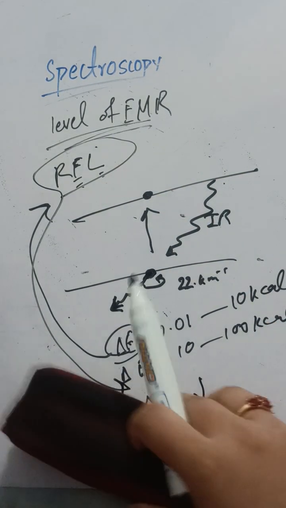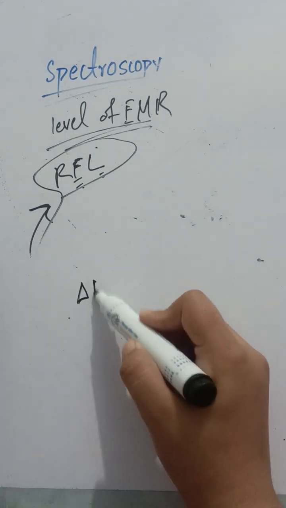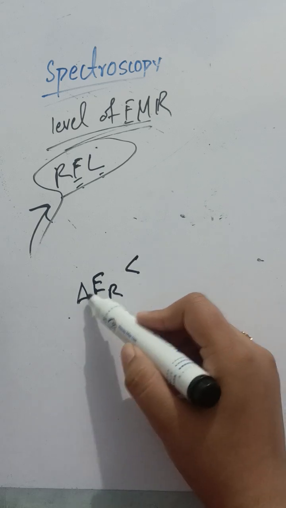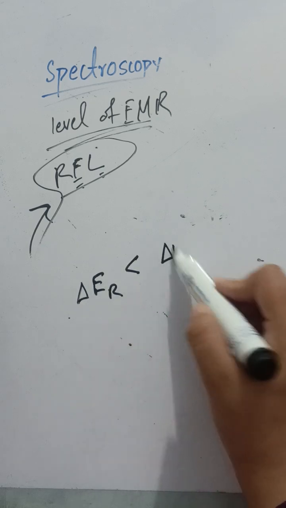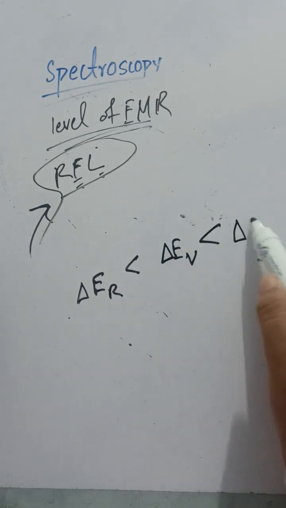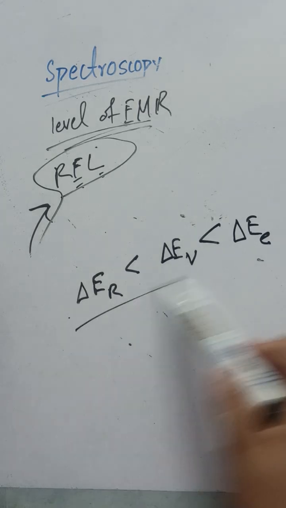Now if we compare all the energy levels, the delta E of rotational is smaller than the delta E of vibrational, which is smaller than the delta E of electronic. So this is the pattern here.